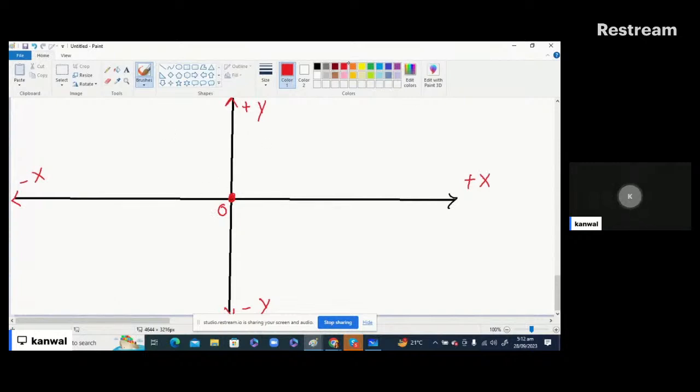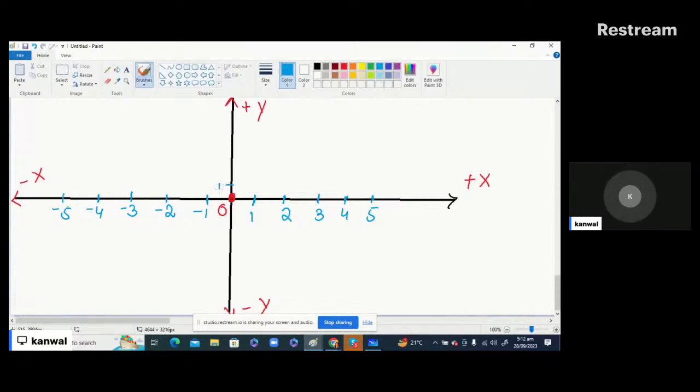For example, if we are taking some points over there, like 1, 2, 3, 4, and 5. Same on the opposite side, -1, -2, -3, -4, and -5.